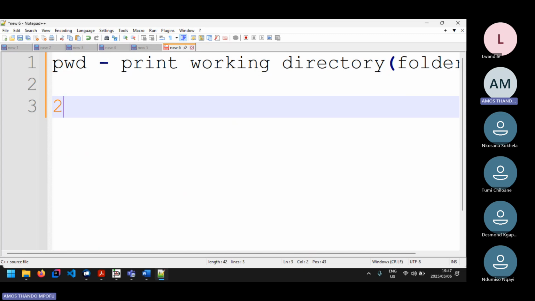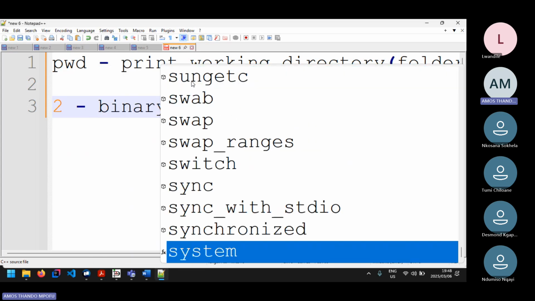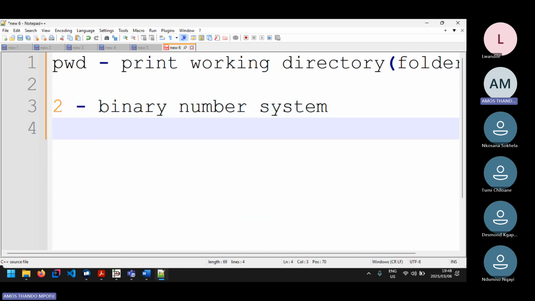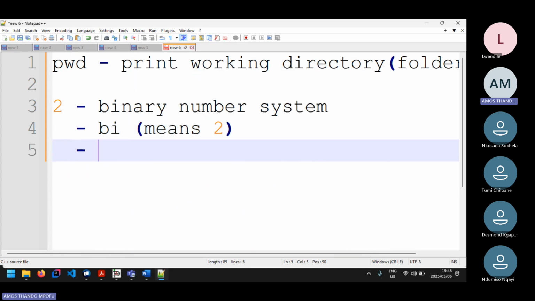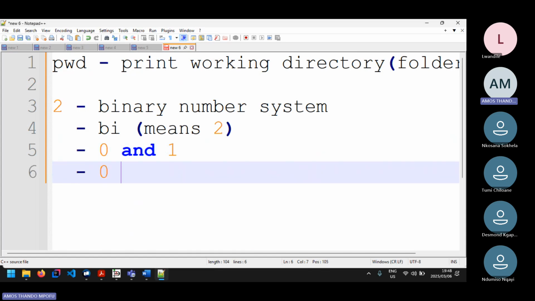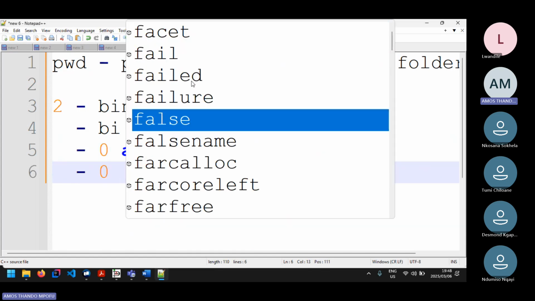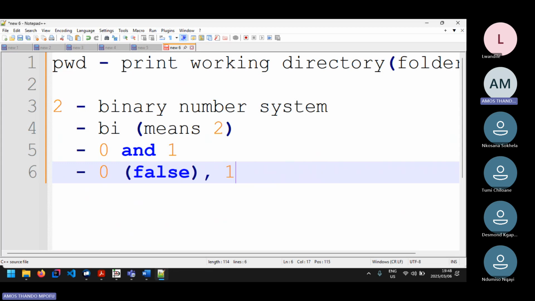Because base 2 is used because a computer uses the binary number system. By binary, we mean 2. And what are those two values? It's 0 and 1. Where 0 would represent a false state, and 1 would represent a true state.